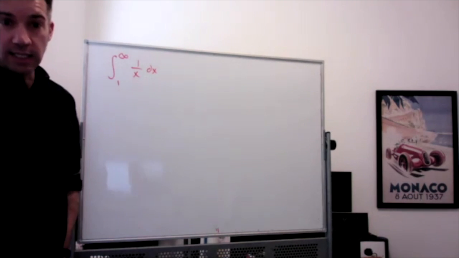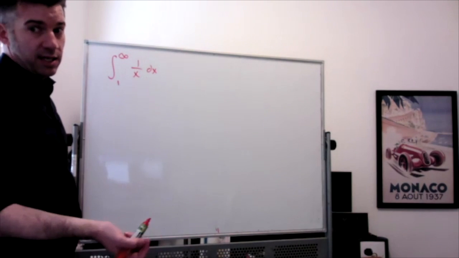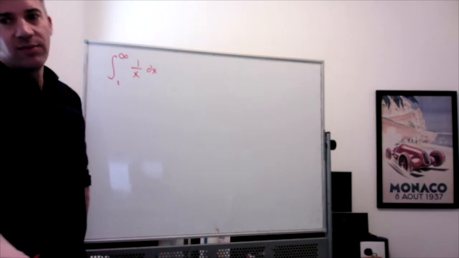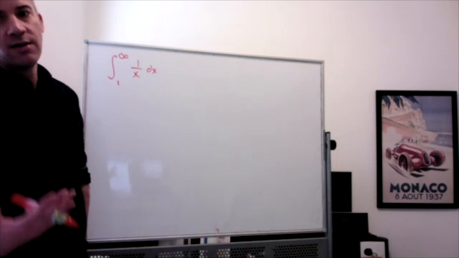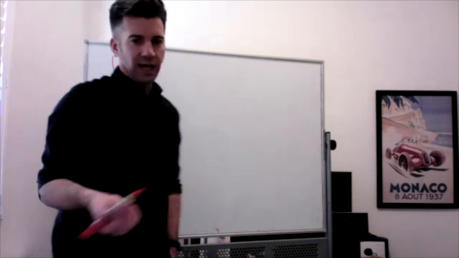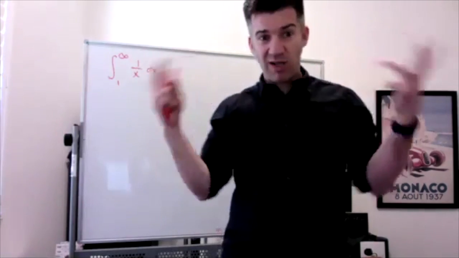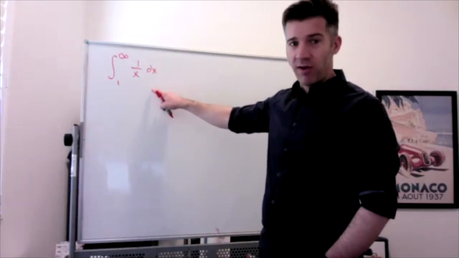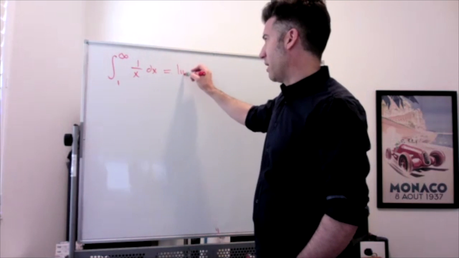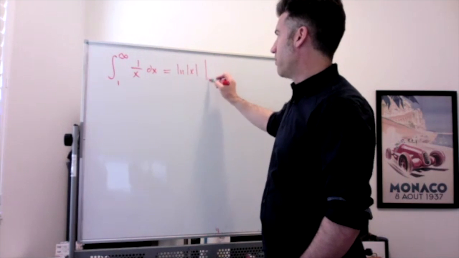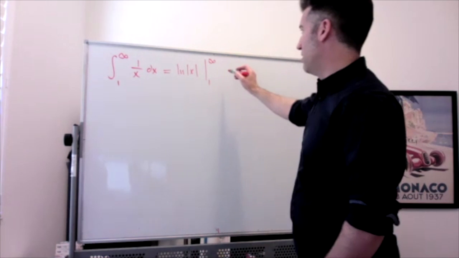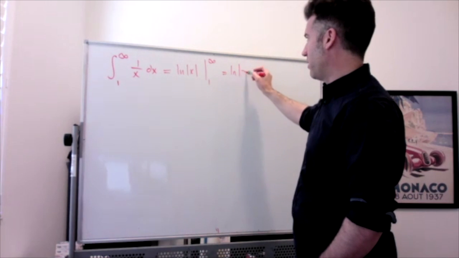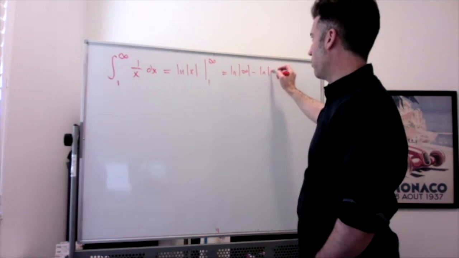Here's the idea. You could totally do it wrong instead of the right way. Meaning, you could say, well, I know the integral of 1 over x is the natural log of the absolute value of x from 1 to infinity. Then that's the natural log of the absolute value of infinity minus the natural log of 1.